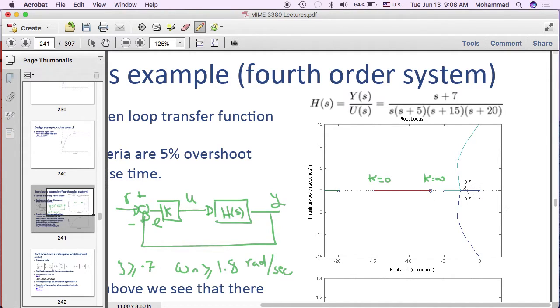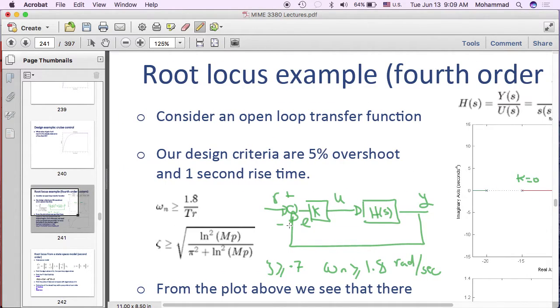The other branches simply go asymptotically to infinity. So -20 keeps going to the left as K goes towards infinity. And these two branches initially come together, and then they separate and go off. And further, based on the performance that we needed to have, we found the area that is acceptable on the root locus.